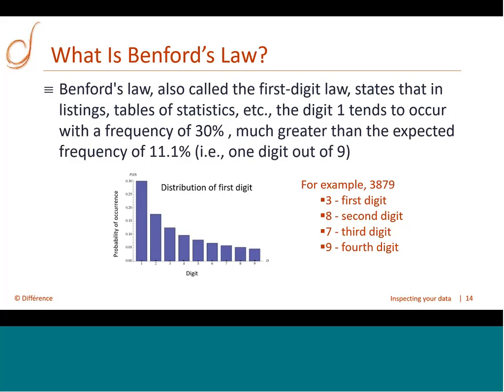It's a number from 1 to 9. So 1 could happen theoretically 1 time out of 9, which is 11% of the time.